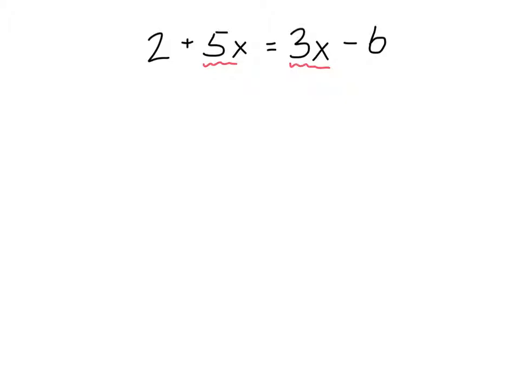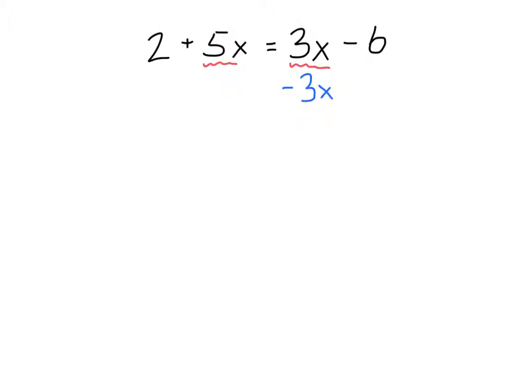So if I want to move this 3x over to the left side, remember this is a positive 3x. Remember, you always have to do the opposite. So if this is a positive 3x, we would have to subtract 3x. We're not moving the 3, we're moving the whole 3x.